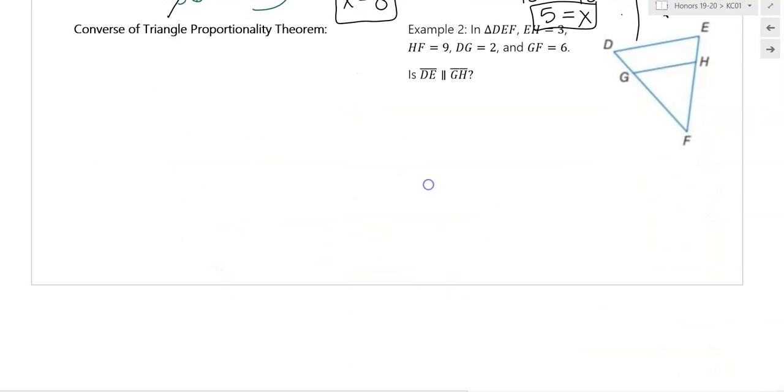Alright, let's look at our next little part of this. This is still the same thing, so the converse of the triangle proportionality theorem. In math, converse just means you're going the opposite way.